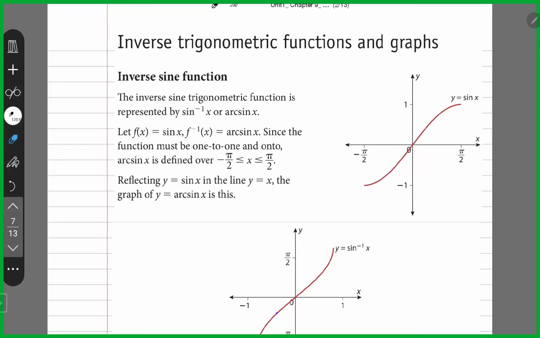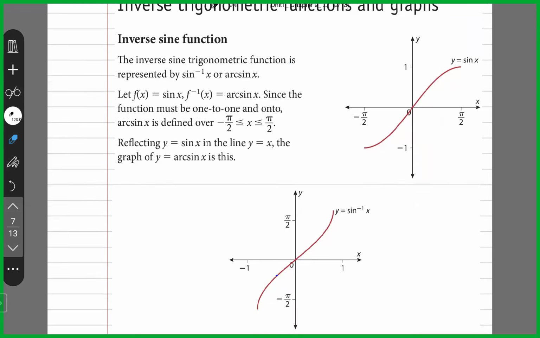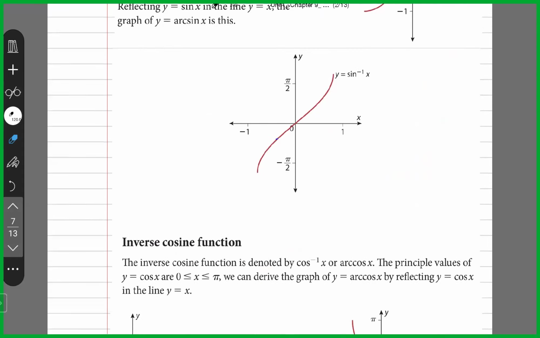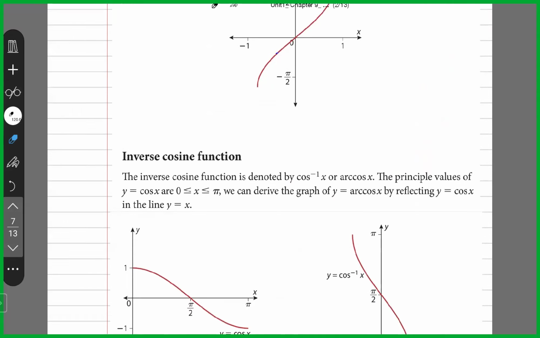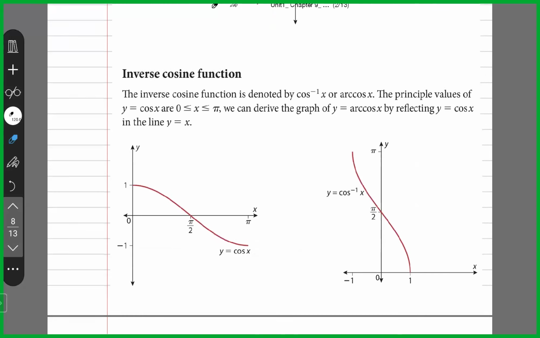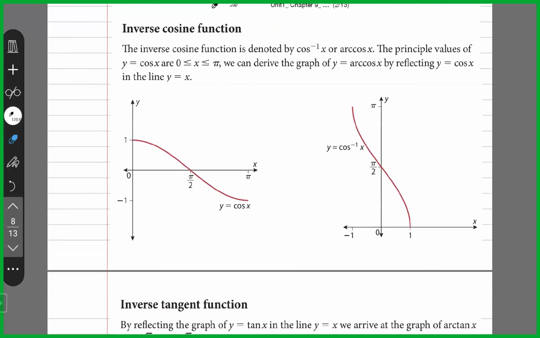And of course, the range is from -1 to +1. This is the graph of sine inverse, which is the reflection of the graph f of x is equal to sine x in the line y is equal to x. So the general knowledge from relations and functions apply.